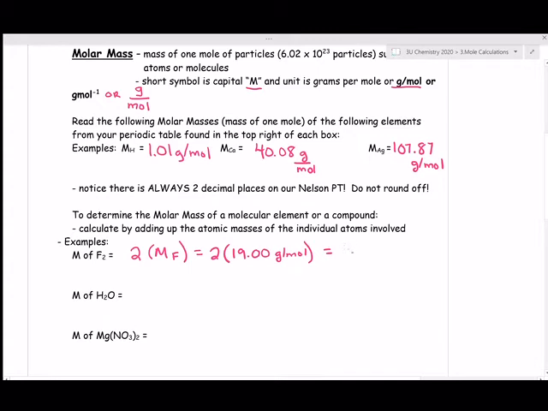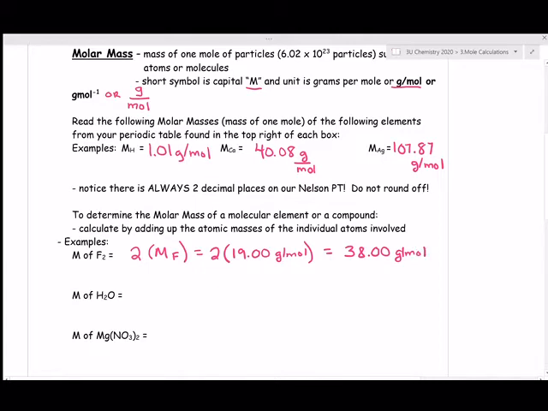And please don't just write 38. You have basically added up, like we've multiplied by 2, but it's like thinking of 19 plus 19. So you have added up 2 things with 2 decimal places, so your final answer absolutely should have 2 decimal places.